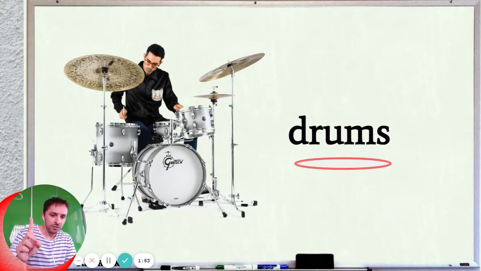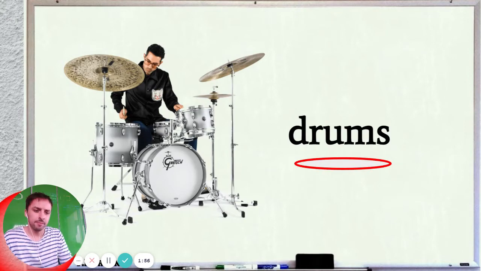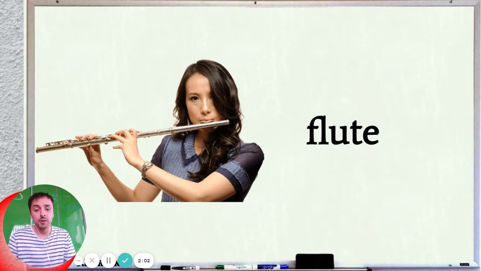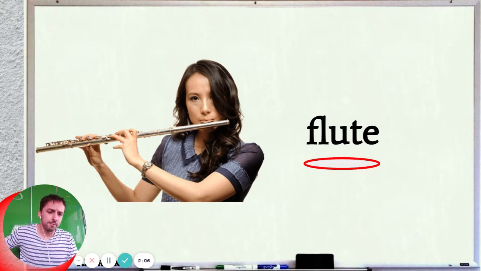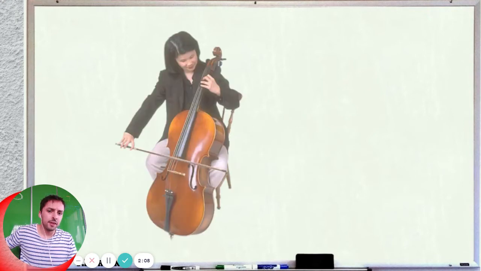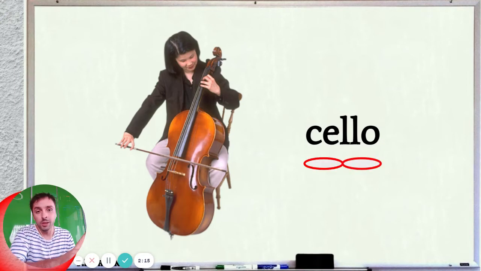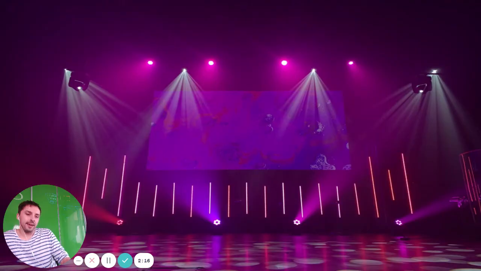Drums. Just 1 sound. Okay, next up, she is playing the flute. Flute. Also 1 sound. Okay, next up, we have your cello. Cello. 2 sounds. Okay, and that is all of them.